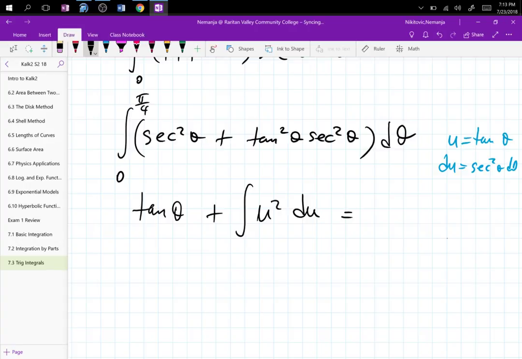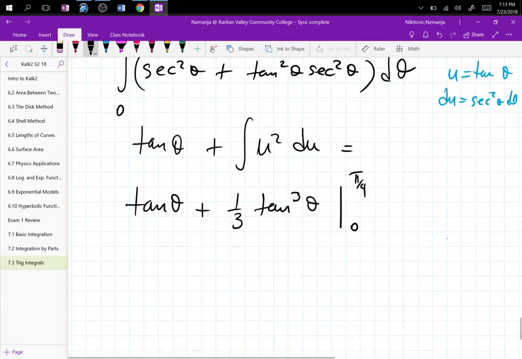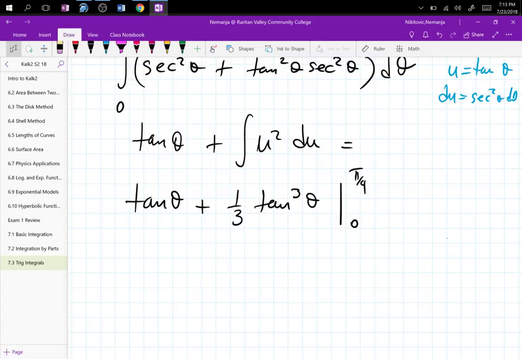We'll deal with limits at the end. So plus u cubed over 3, which is 1/3 tangent cubed theta, with limits 0 to pi over 4. Tangent of pi over 4 is 1, so I have 1 plus 1/3 minus 0 minus 0, and the answer is 4/3.